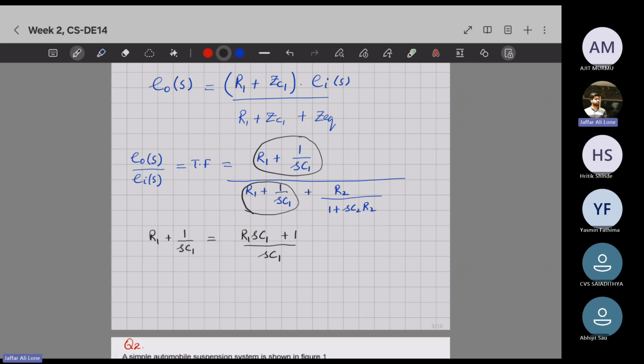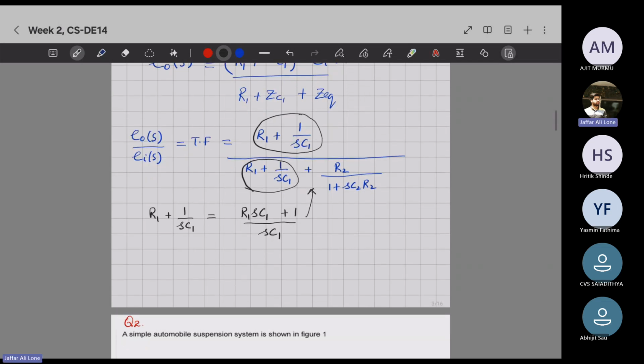So in the numerator I'll write 1 plus SC1 R1 divided by SC1. Then the denominator, same thing, 1 plus SC1 R1 divided by SC1 plus R2 divided by 1 plus SC2 R2.